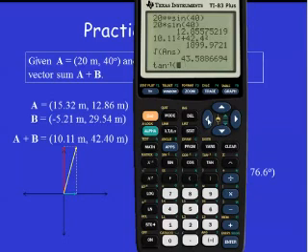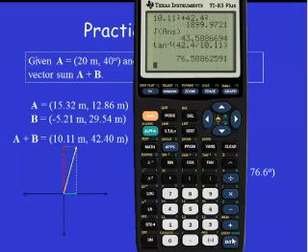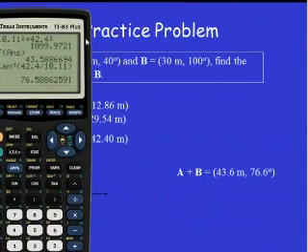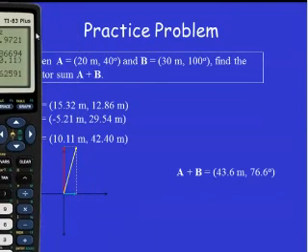I always forget and put in extra parentheses, of 42.4, that's the y, divided by 10.11. And we get 76.588. Which you can see is 43.6 meters, comma, 76.6 degrees.